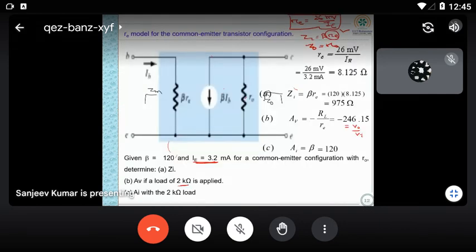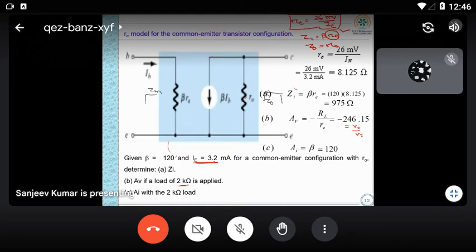Similarly you can go for common base configuration also. The process we followed for common emitter configuration, you can follow the same for common base configuration. It is also in your book, but as common emitter configuration is popularly used, I have shown it. Common base also, I have 2-3 slides kept behind this.